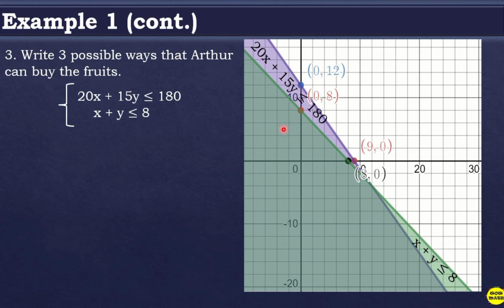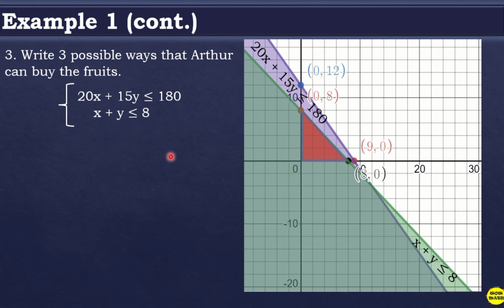Since ito po, yung nag-overlap, itong nag-intersection, yung darker shade, ito po ang solutions niya, di ba? But since number ang binibilang, kinukuha natin dito, bilang ng guava at bilang ng mangga, wala tayong negative doon. So, dito lang tayo kukuha. Okay? So, bakit dito? Kasi dapat positive.